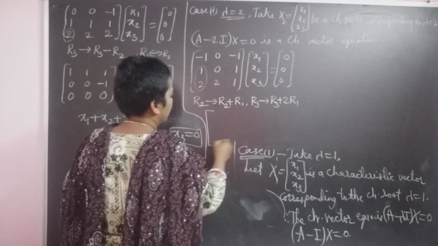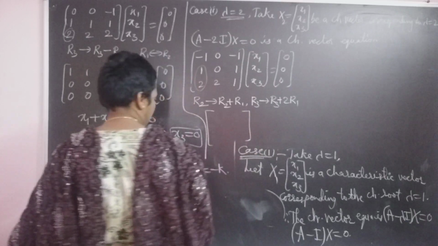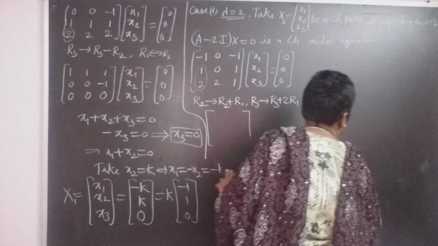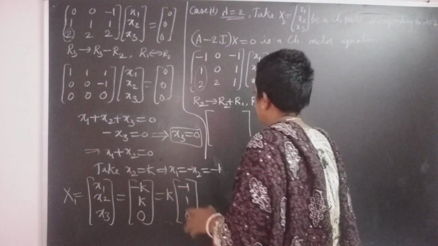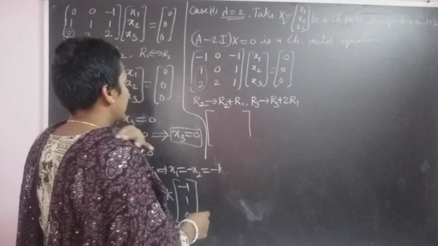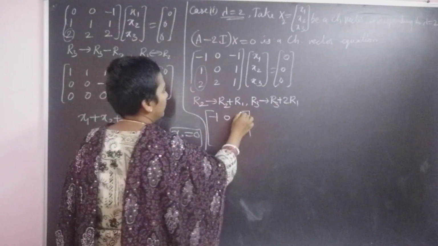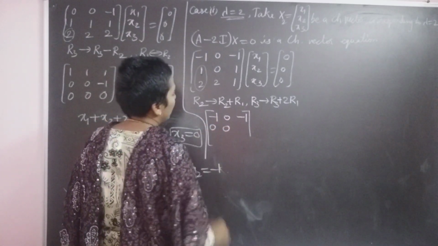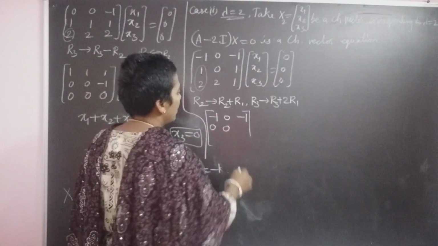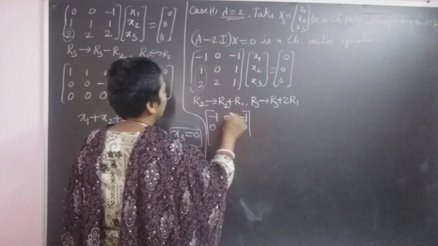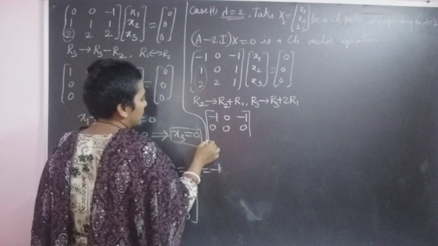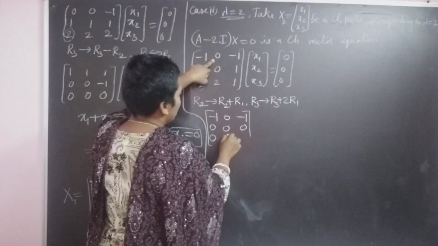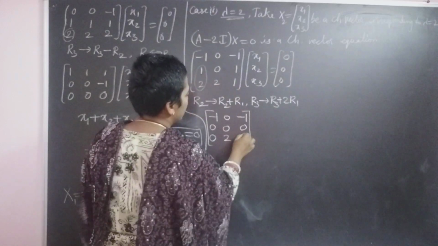Then the A matrix becomes minus 1, 0, minus 1. 1 plus 1 minus 1 is 0, 0, minus 1 plus 0 is 0, 1 minus 1 is 0. 2 plus 2 minus 2 is 0, 2 minus 0 is 2, 2 minus 2 is 0.